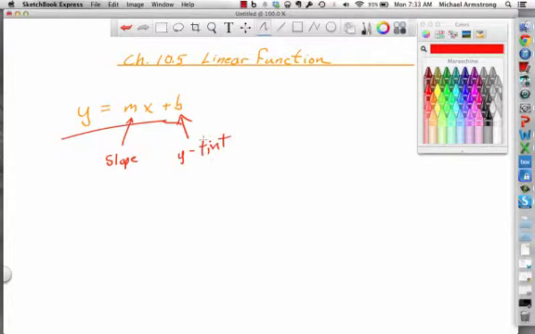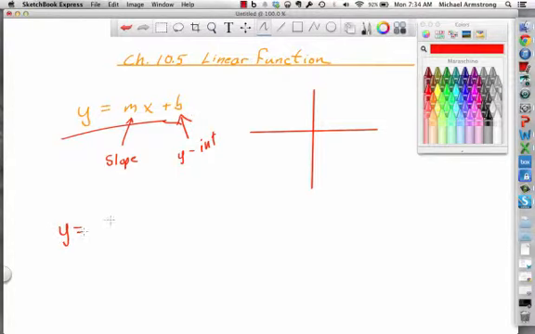intercept. Okay, and if we draw a graph, this line is going to work out on here. Let's put some numbers in for slope and for the y-intercept.